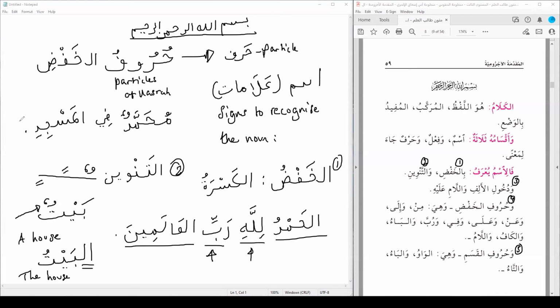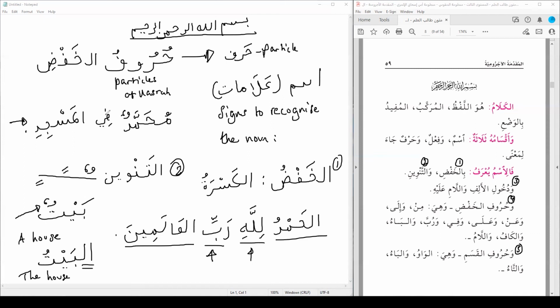So this word al-masjid, what signs do we have to tell us whether it is a noun, verb, or particle? Well, first we have alif wa lam to tell us it's a noun. We also have that the word ends in kasra. But an additional sign is fi. Fi is from the huruf al-khafd.